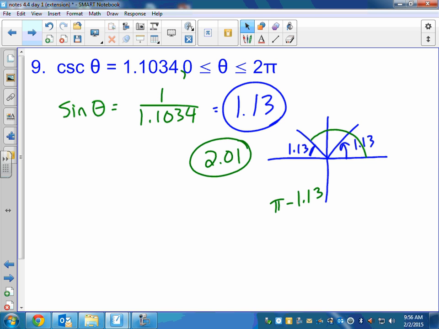I want to talk about this real quick before you get working on it. No, it's like a real worksheet.